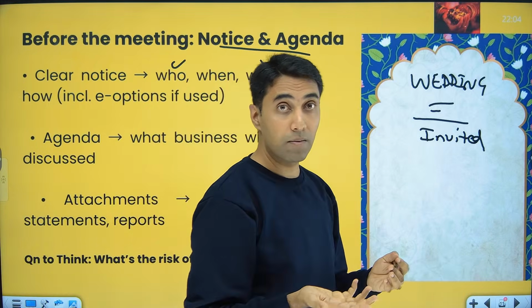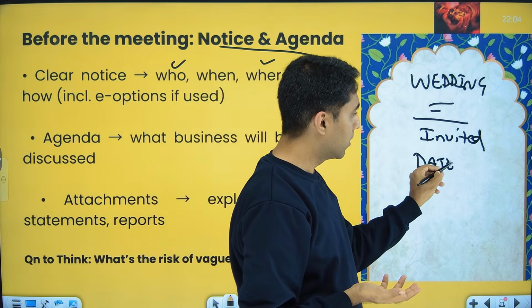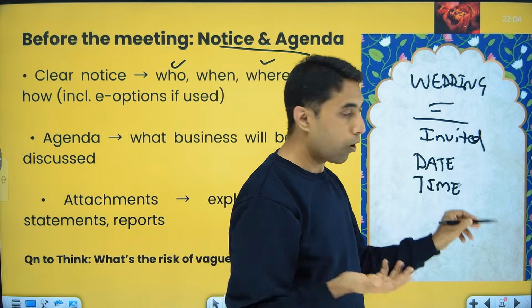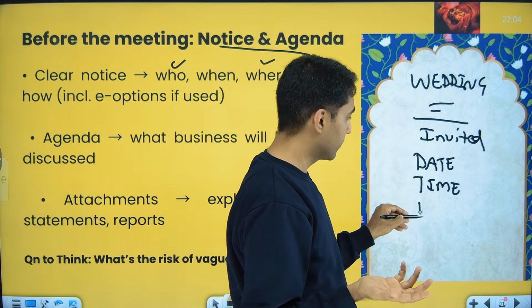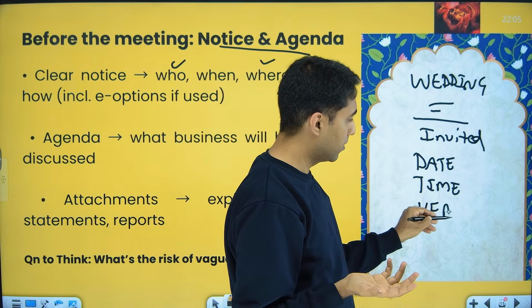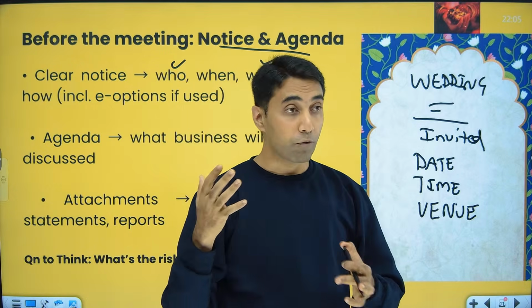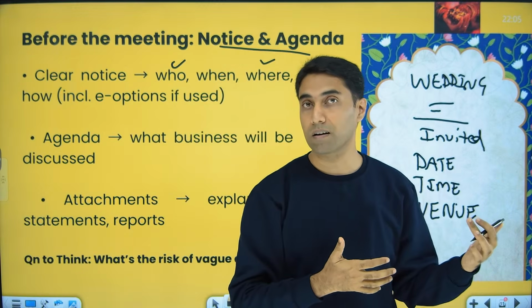Then you tell them the date of your wedding, the time, and obviously the venue, where I should come. You also tell them if you want to come by bus, this is the bus route, this is the map. You give all of that, right?